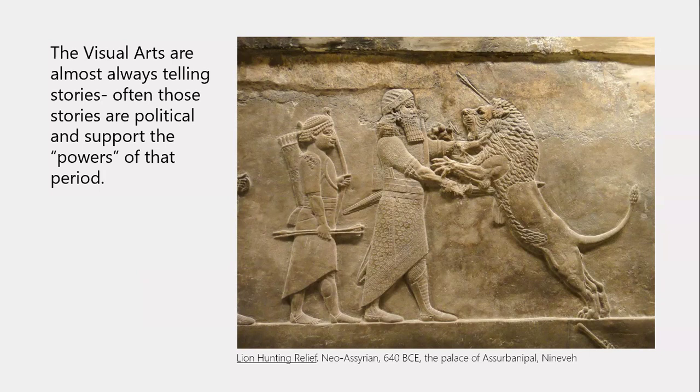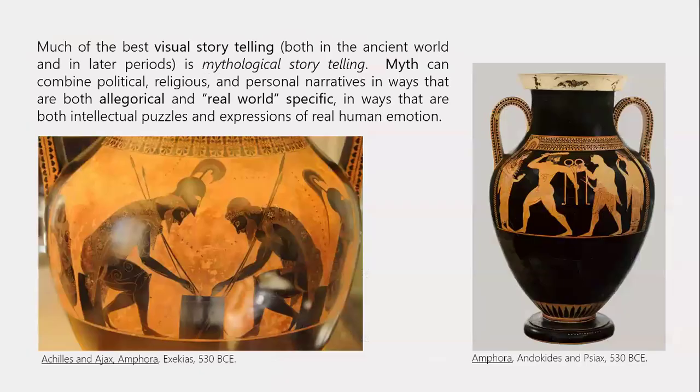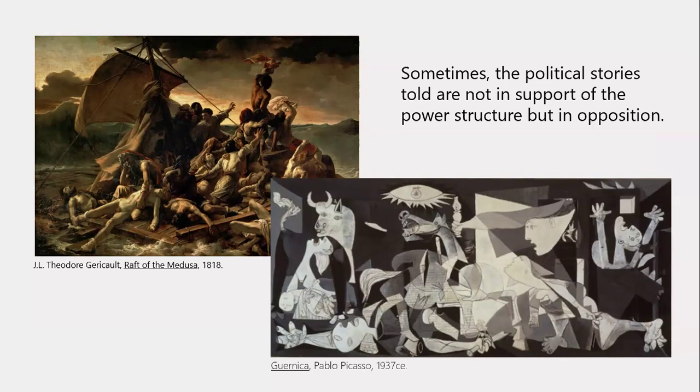It's a pretty powerful thing. I don't think he actually did that in person. So, yes, sometimes art is telling stories for political reasons. There's a whole lecture on the relationship between art and power, and we'll talk about both of these images in much greater detail then.